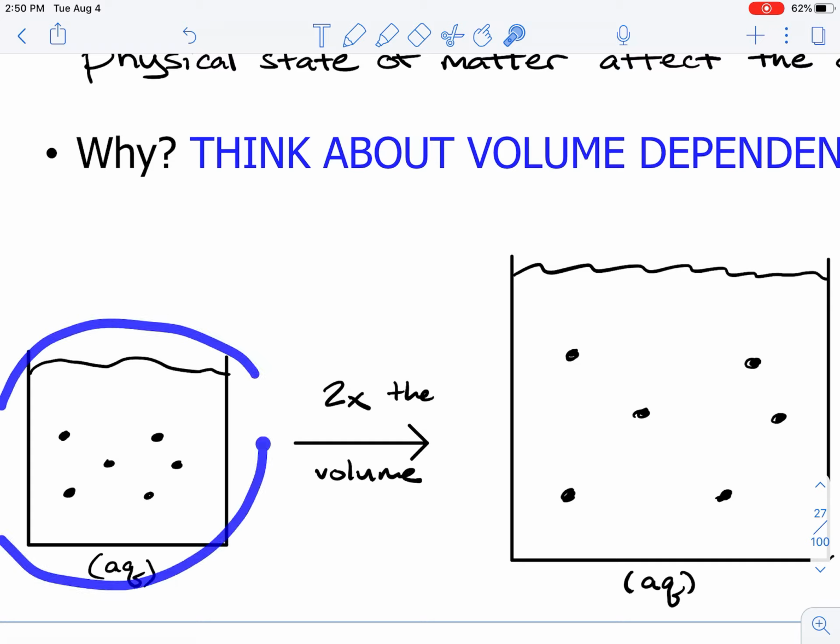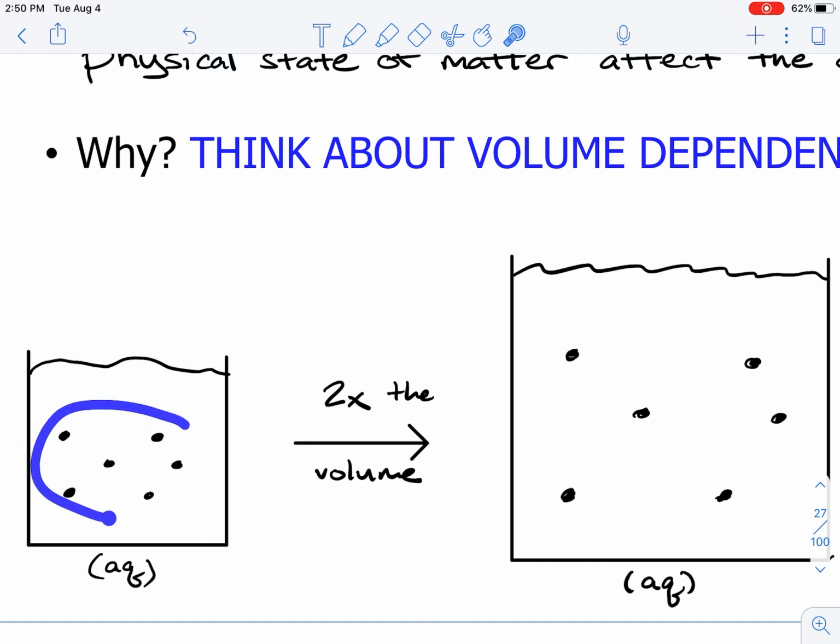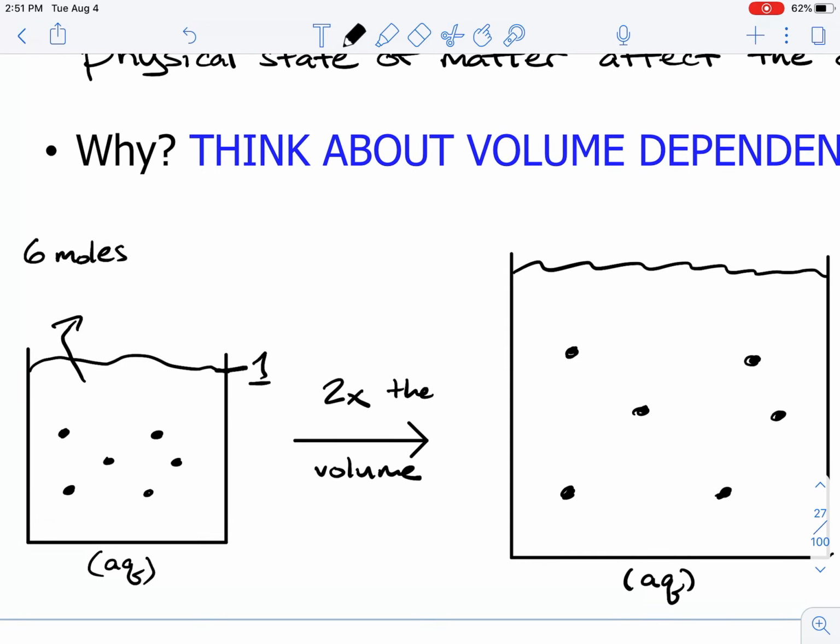Focusing on this container on the left side of the arrow, here we see that we have 6 particles per given volume. Just for kicks, let's say that we have 6 moles, so each particle represents 1 mole, and let's say that the volume right now is 1 liter. Overall, we get a molarity of 6 molar.